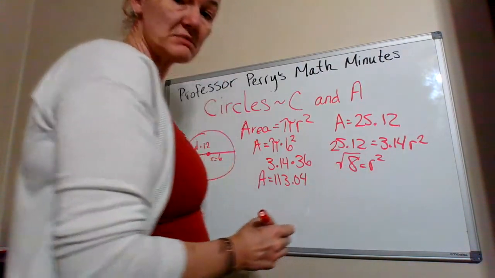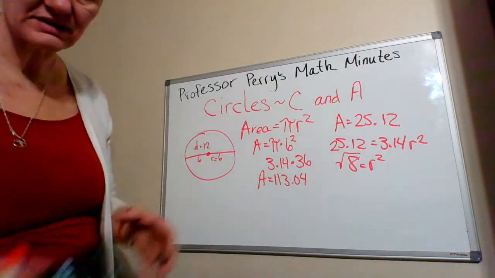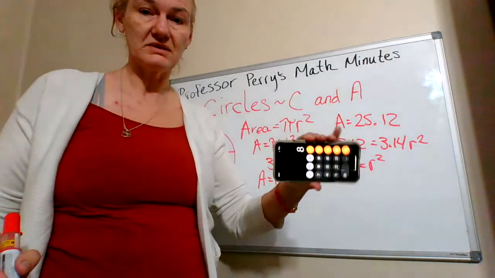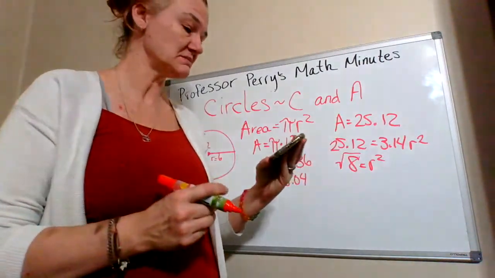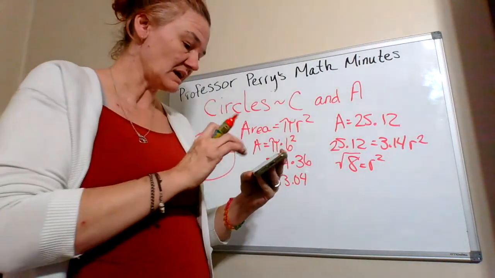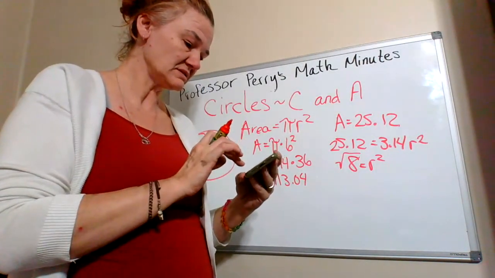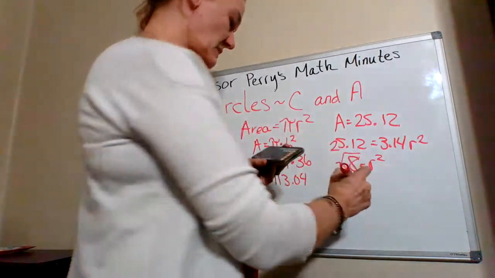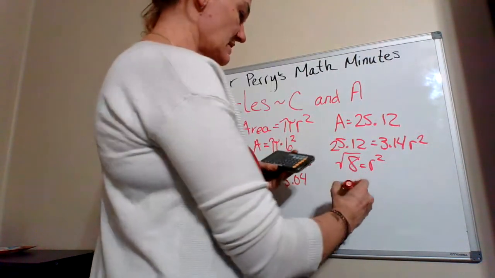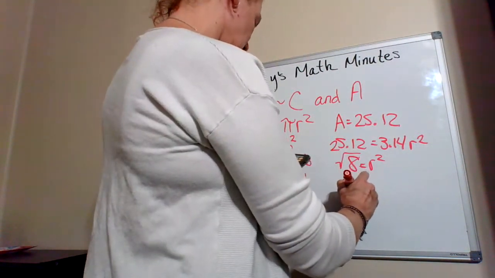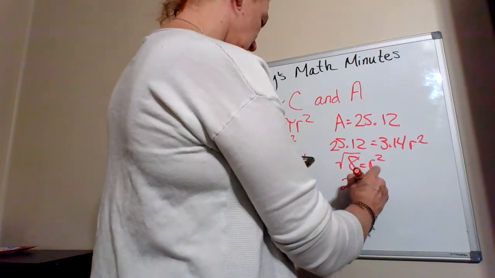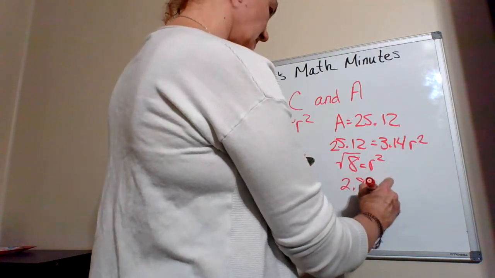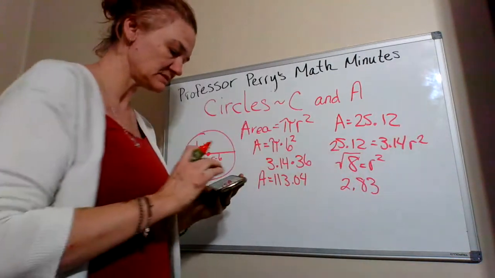So you have a fancy button, hopefully, on your calculator. If you're using your phone, turn it sideways, and you get the fancy button. I want to know the square root of 8, and I'm going to round. 2.83 is going to be my radius.